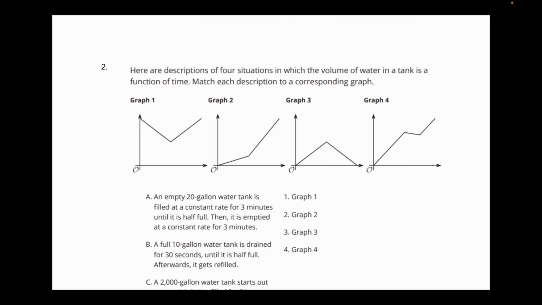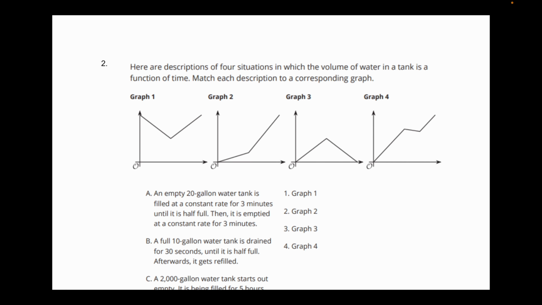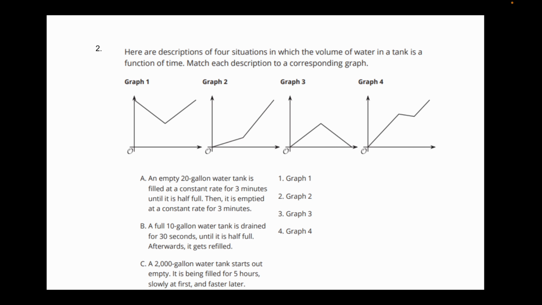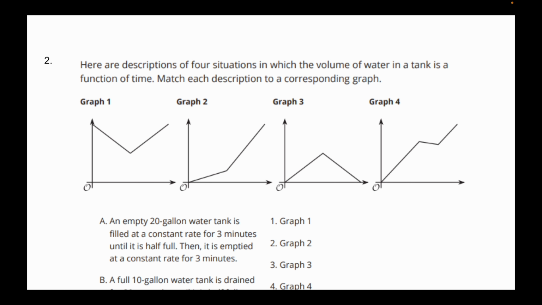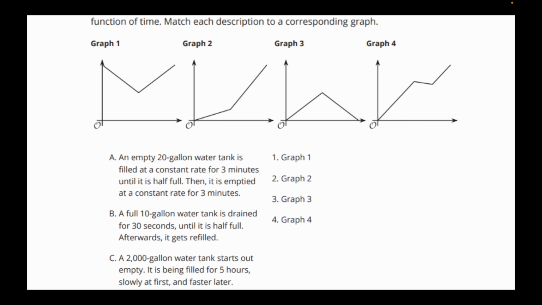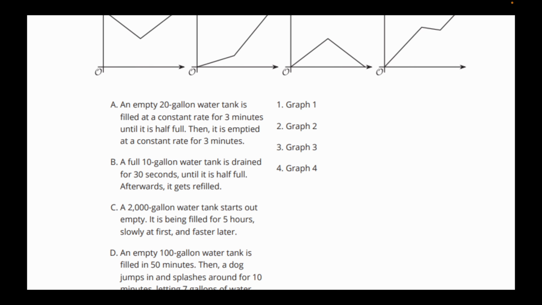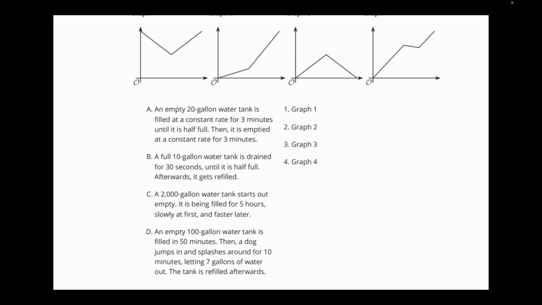All right, so for question 2, we're given a couple graphs. Here are descriptions of 4 situations in which the volume of water in a tank is a function of time. We're going to match each description to a corresponding graph. So I have graphs 1, 2, 3, and 4, and I have A, B, C, and D here.